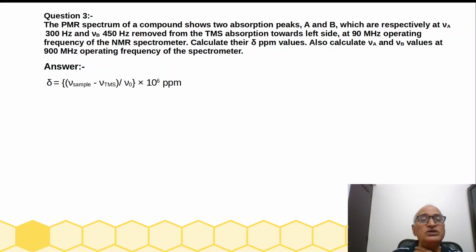I am going to tell you why this 10 to the power 6 is taken, why ppm is added there. When you solve V sample minus V TMS upon V0, we get a number which is 4 to 5 places removed from the decimal point.